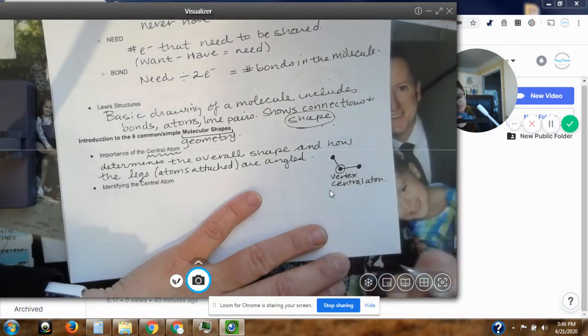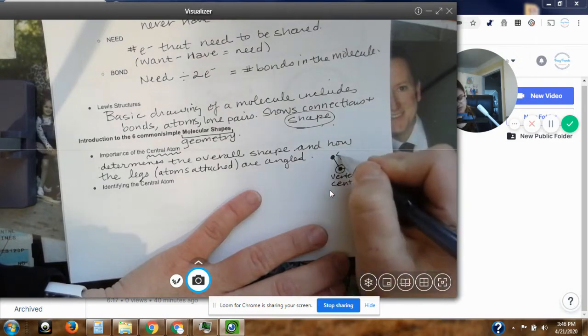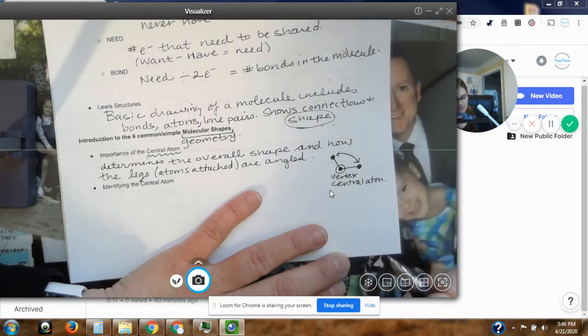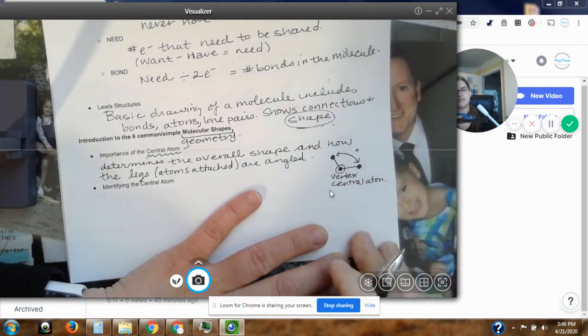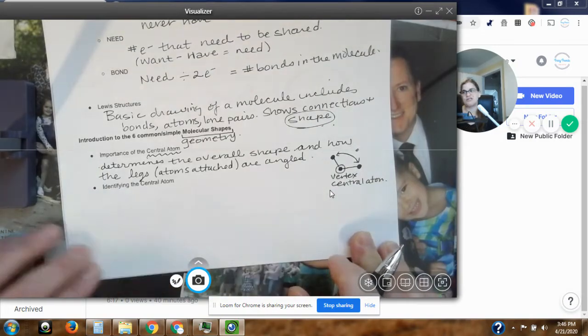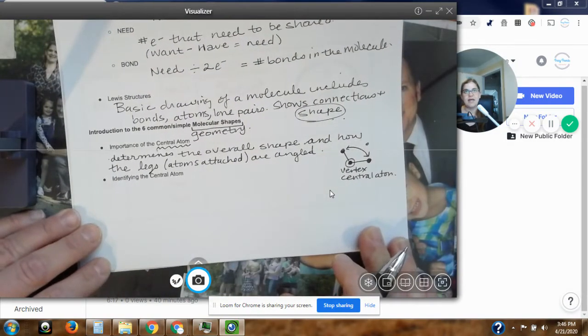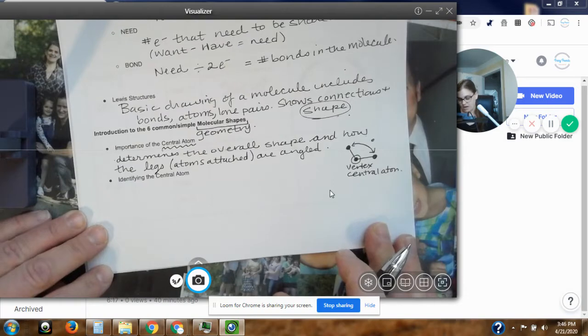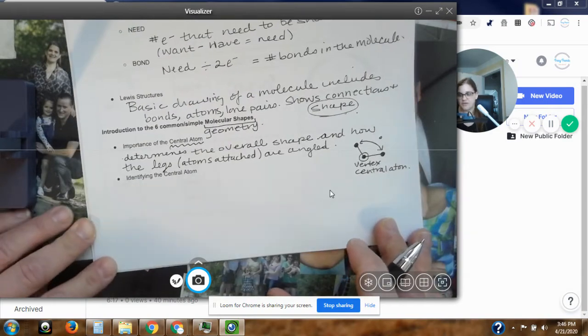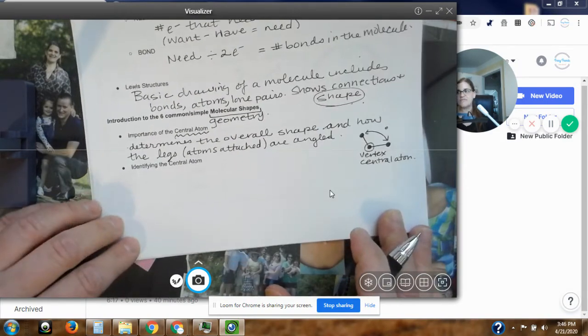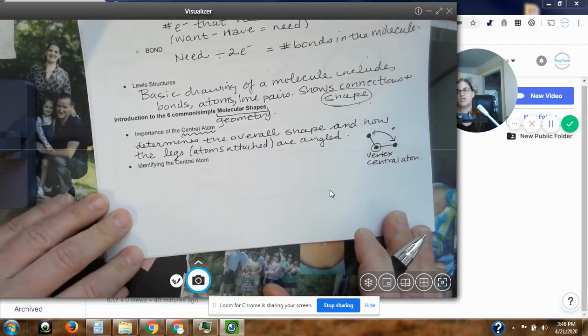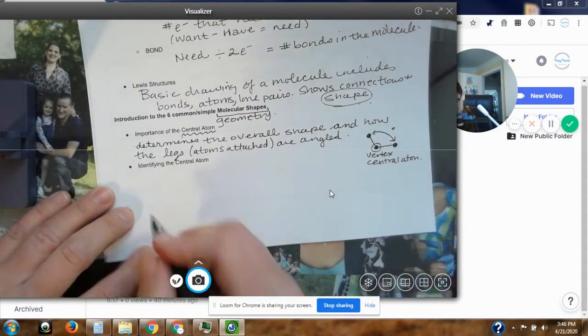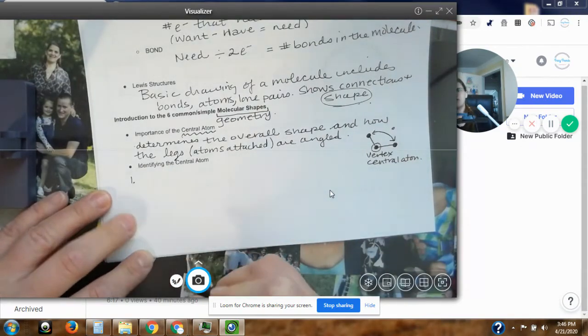And in chemistry and in geometry, you can actually figure out how many degrees that angle is, like with a protractor, or you might use some type of mathematical computation, so sine, cosine, etc. So that's important. Now, in order to identify the central atom, my first thought is always this.